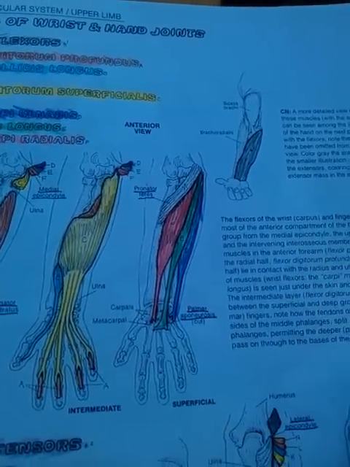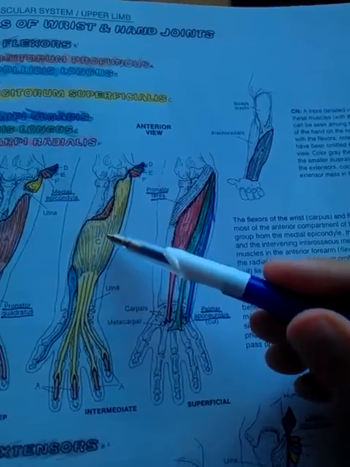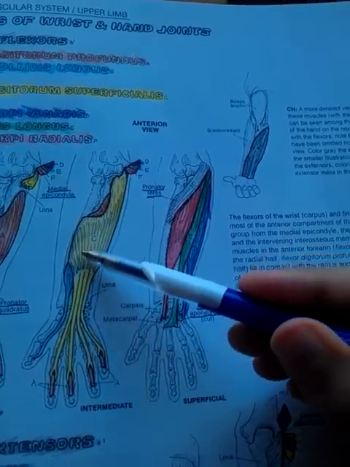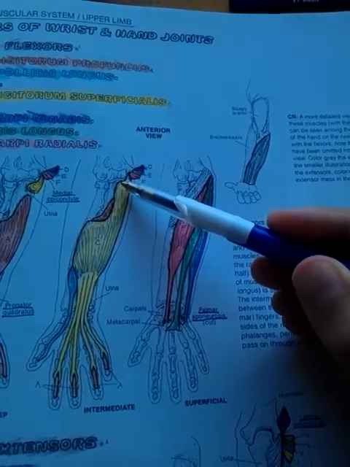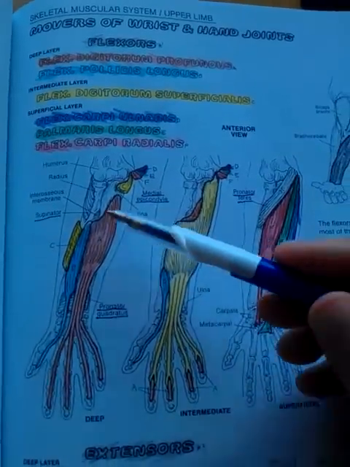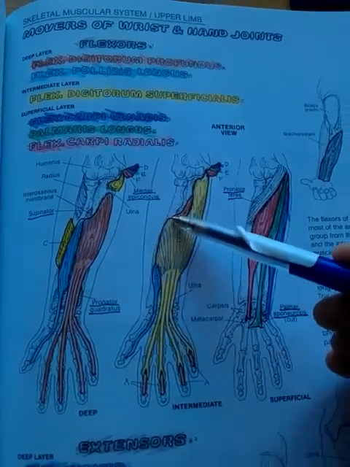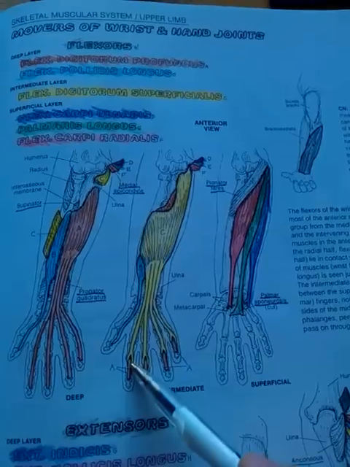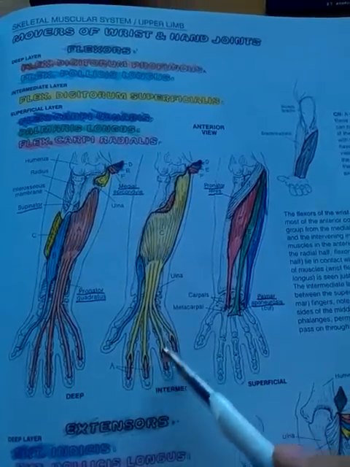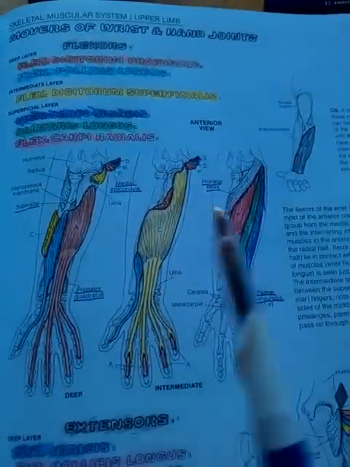Function is flexion of wrist. Flexor digitorum superficialis originates on medial epicondyle, coronoid process and anterior border of radius. It inserts on the middle phalanges, and the function is flexion of phalanges and wrist.